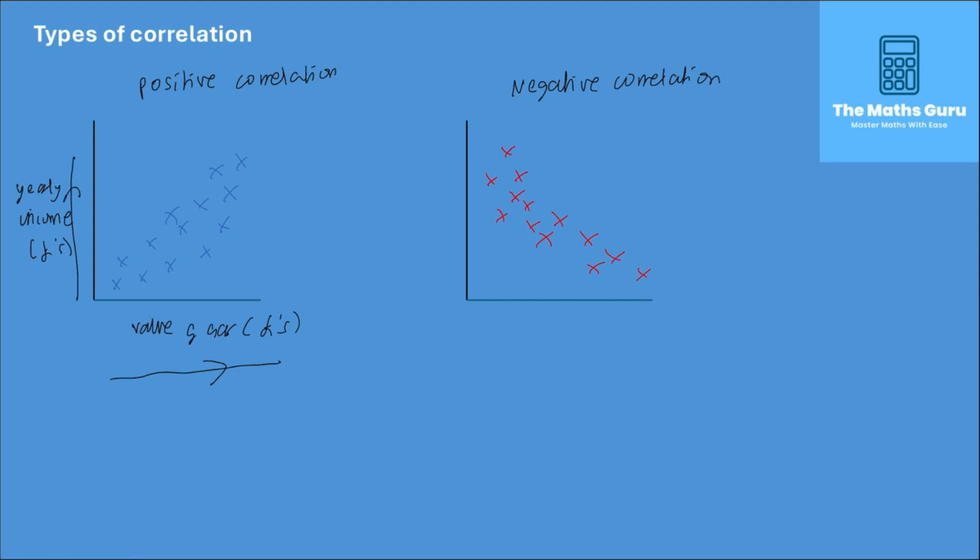As you can see, it's sort of edged toward that top right corner, showing as yearly incomes increase, the value of the car they drive also tends to increase. Hence, we can draw our positive correlation line, our line of best fit, something like this. And obviously, it doesn't have to be perfect, but it just has to represent the most accurate representation of the data. So a positive straight line like that.